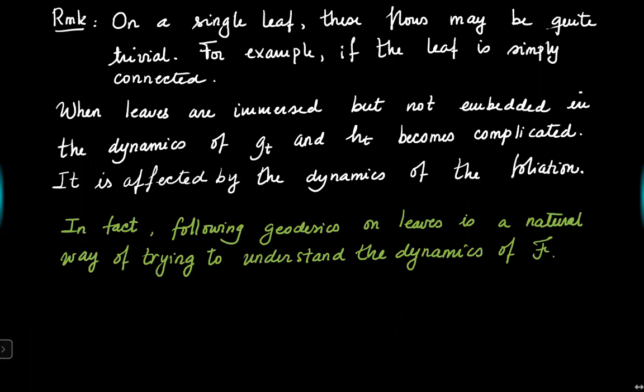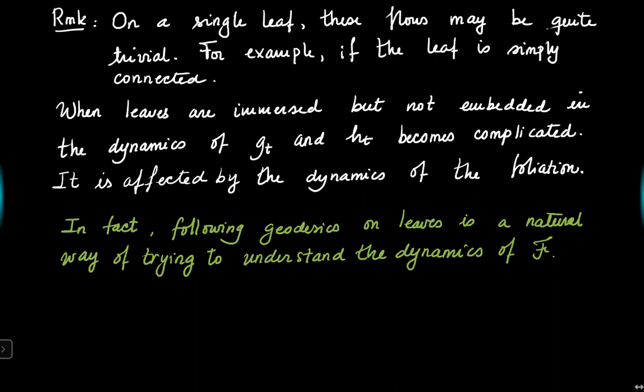But the complicated way in which this leaf is immersed in the compact manifold M, or the complicated way in which the unit tangent bundle to this leaf is immersed in the compact manifold M hat, will give the geodesic and horocycle orbits some topological complexity that comes from the dynamics of the foliation.